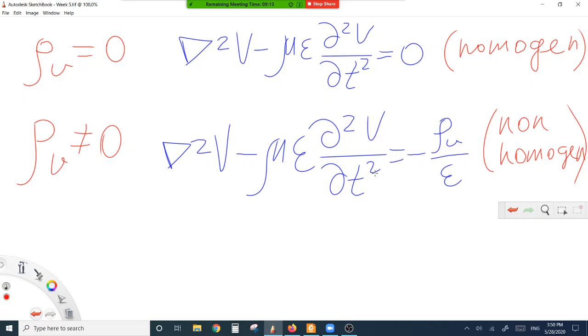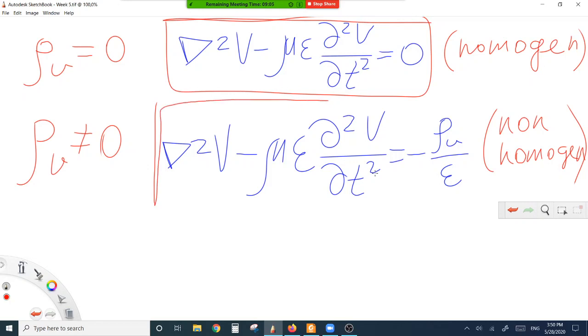And you may take a note of only these two as wave equations in terms of the electric scalar potential V.